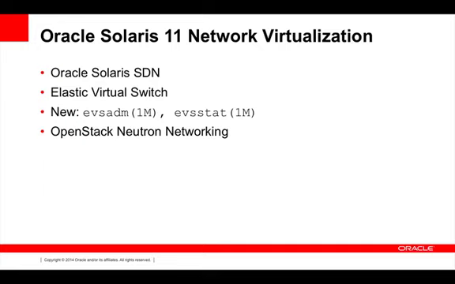Exactly. So what we did is that we implemented an OpenStack Neutron module. Neutron is the networking component of OpenStack, basically. We implemented it on top of EVS, on top of our Elastic Virtual Switch APIs.